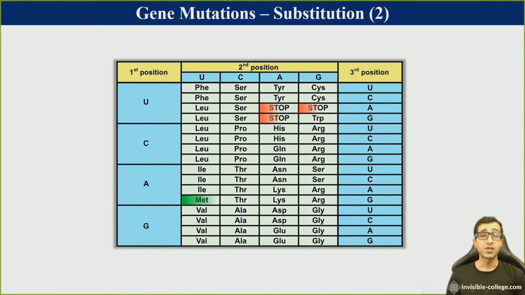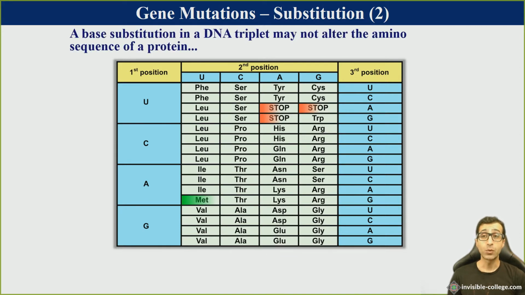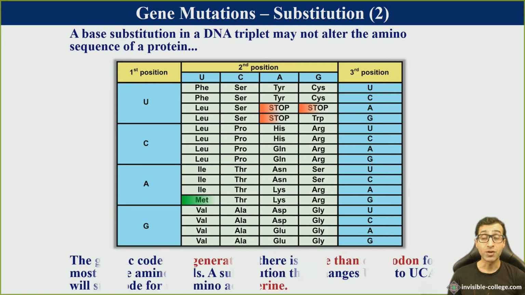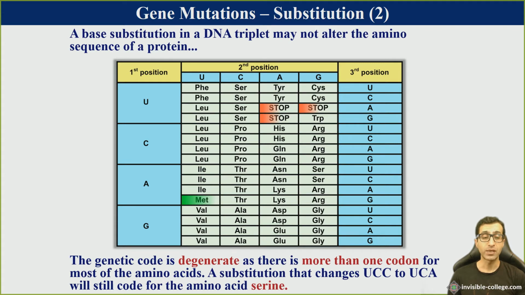A base substitution in a DNA triplet may not alter the amino acid sequence of a protein because of the degeneracy of the genetic code. We talked about the degeneracy of the genetic code in a couple of previous webinars, one on the subject of biological molecules and another on the subject of genetics and biodiversity and variation in organisms.